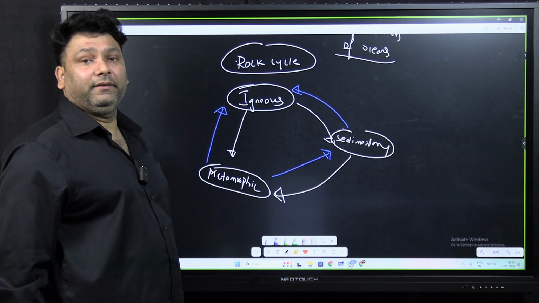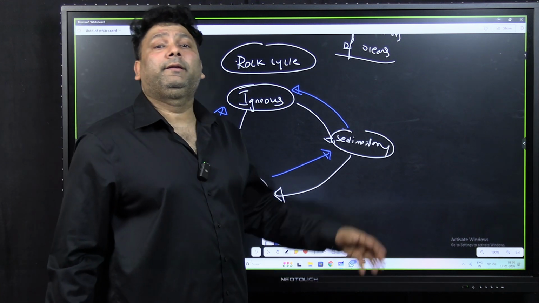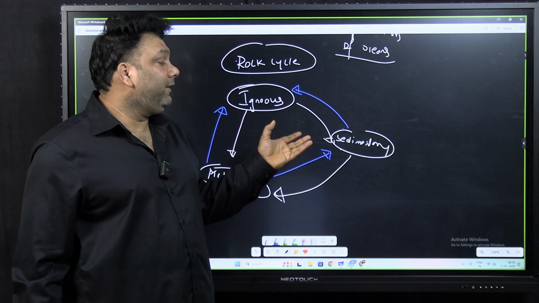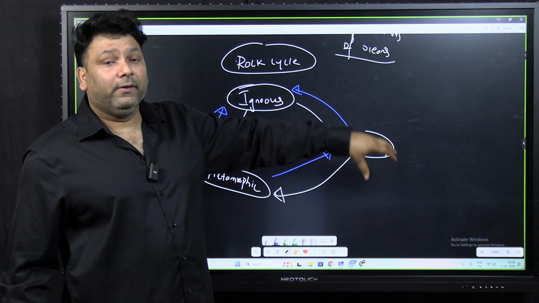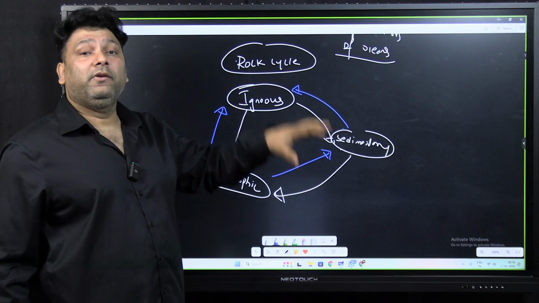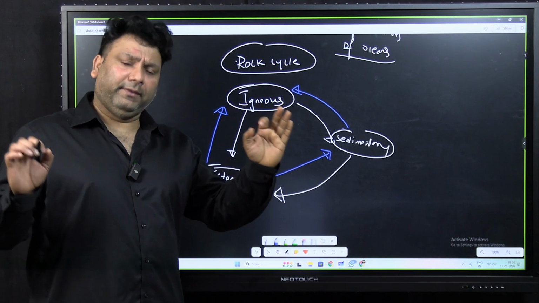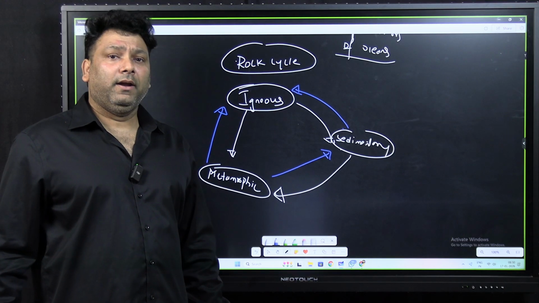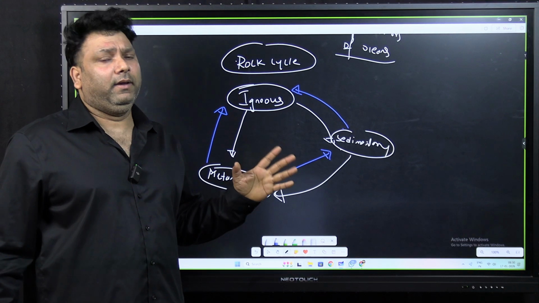And the definition is, rock cycle is a descriptive conceptualization of how an igneous rock is converted into sedimentary, sedimentary is converted into metamorphic, and metamorphic is converted into igneous again. So this is a very simple definition. So you ratify these definitions, okay, because it will become very easy in the examination.